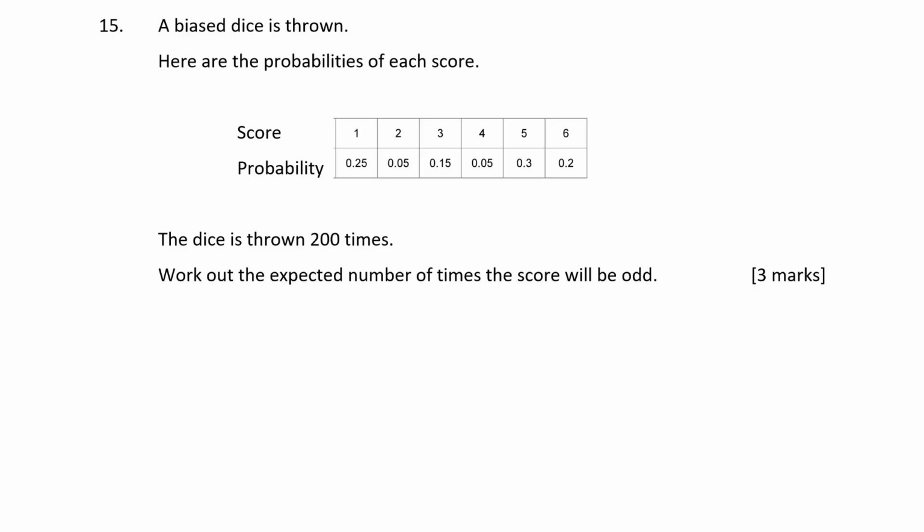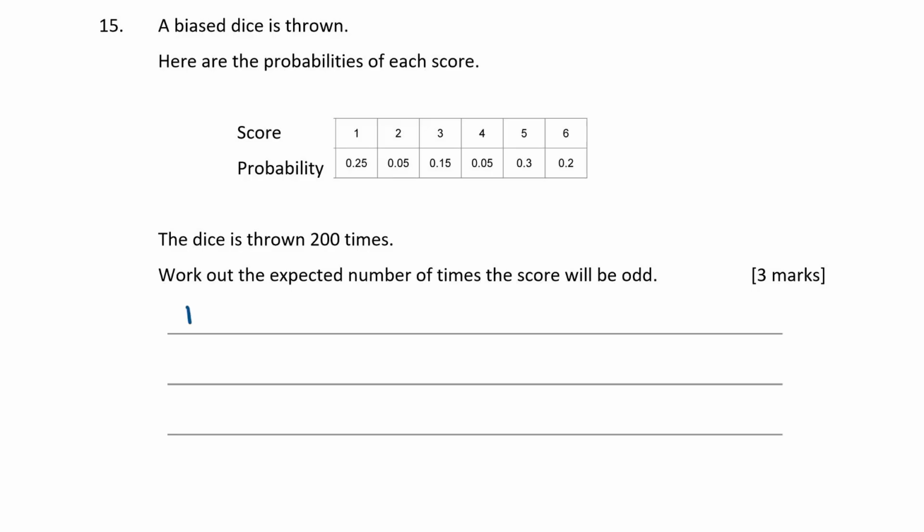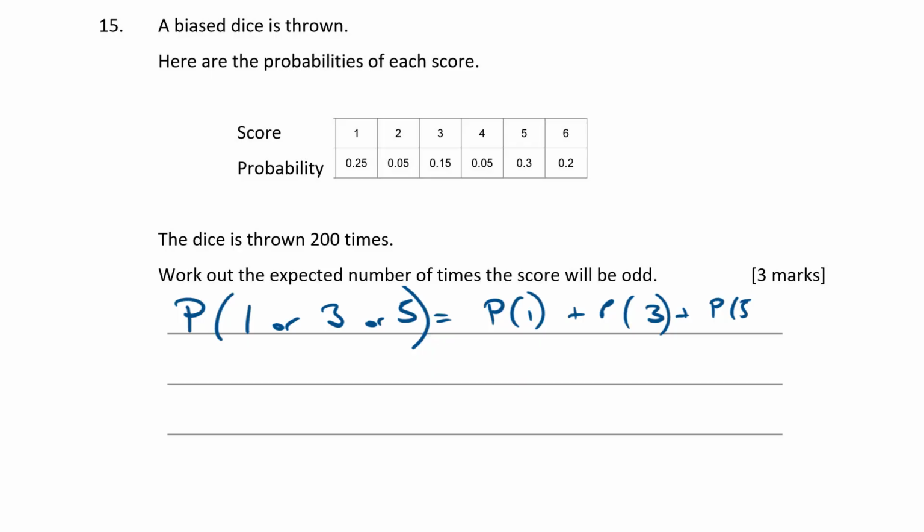So the dice is thrown 200 times. Work out the expected number of times the score will be odd. Okay. So the probability of getting an odd number is going to be the probability of 1 or 3 or 5, which is the probability of 1 plus the probability of 3 plus the probability of 5, which is 0.25 plus 0.15 plus 0.3.